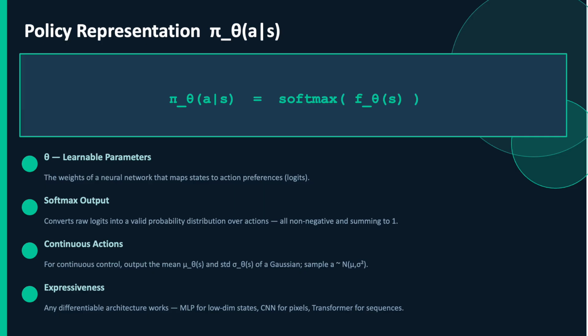At inference time, you either sample from this distribution for a stochastic policy or take the argmax for a deterministic greedy policy.